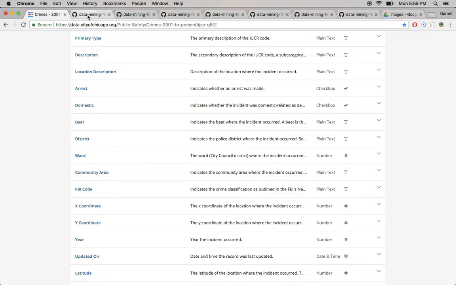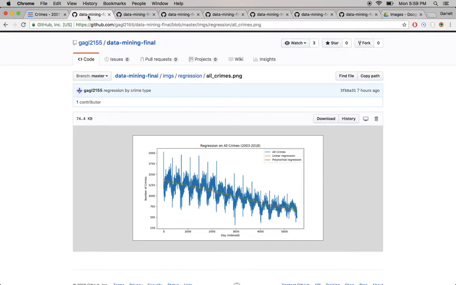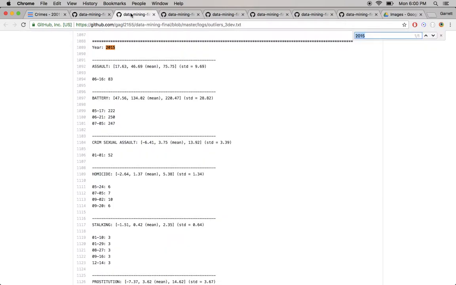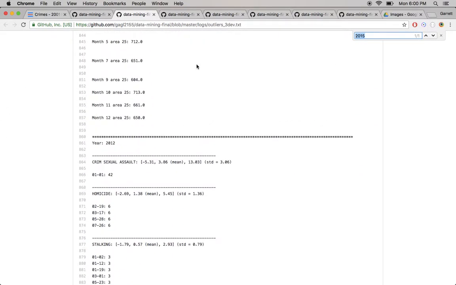One of the first tasks we did was to find the overall trend in crime. What we saw here is that over the 17 and a half years that we examined, the overall crime trend is downwards. Here you can see both a linear and polynomial regression run on that data. One of the other things we did was also to look for outliers within the data.